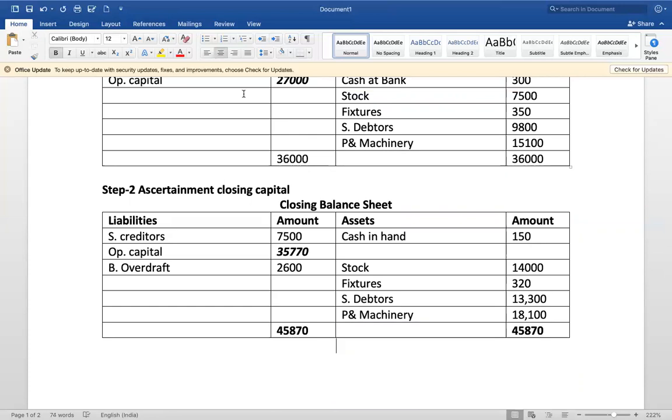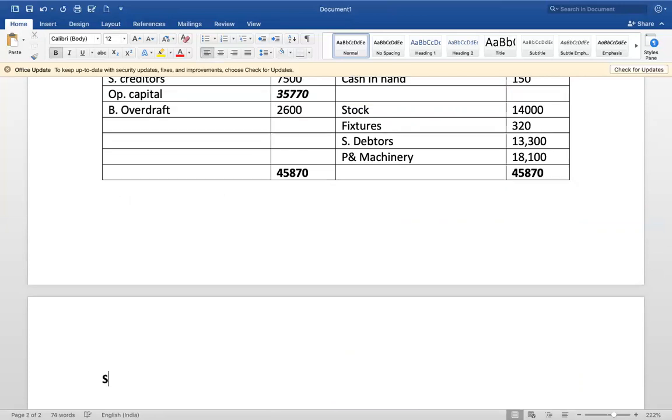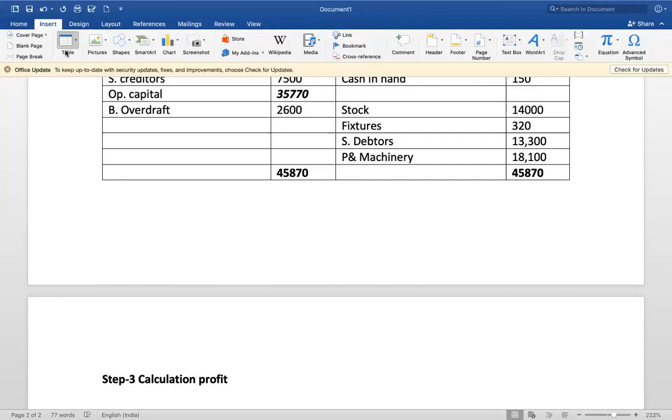Step 3 is calculation of profit. Prepare the capital account now.